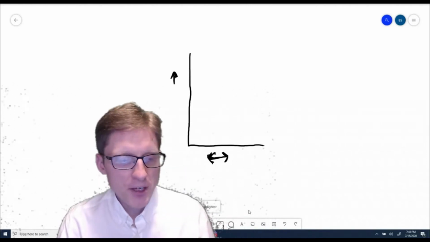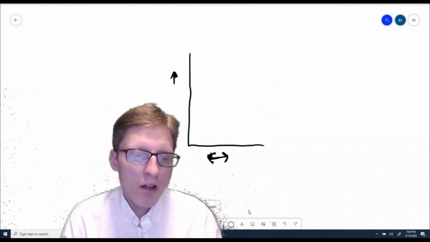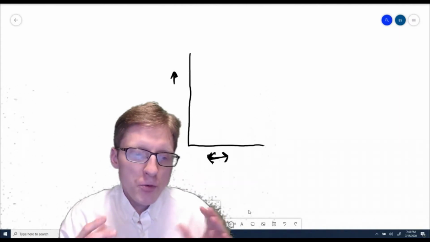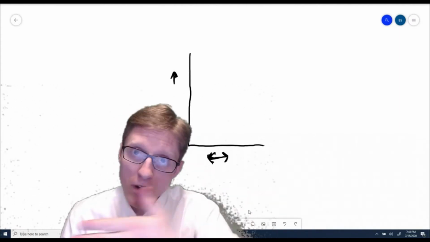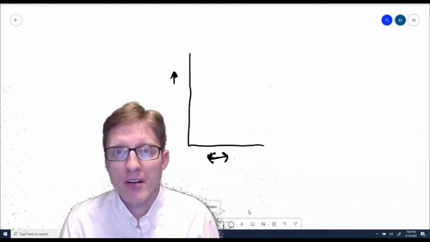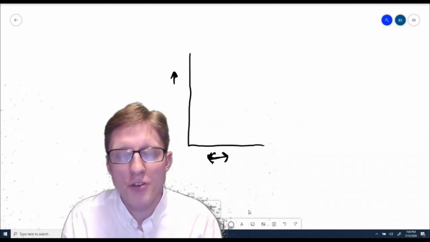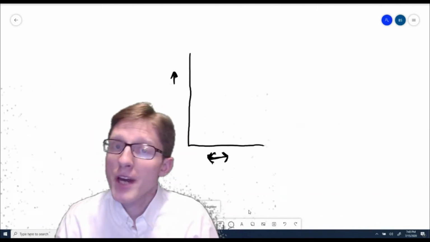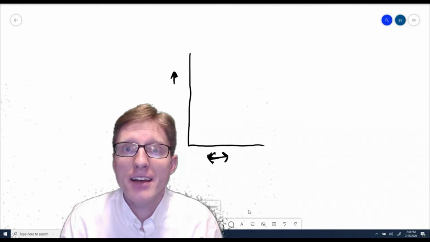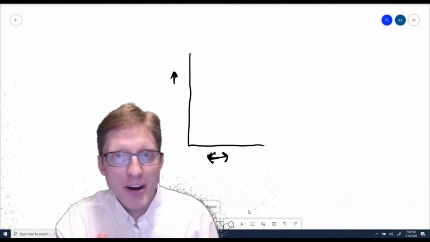Now let's think about what that means using calculus. To get the slope along one of the dimensions, we're going to use the partial derivative. That basically means if you're moving just along one of the dimensions, what is the slope? The way you calculate the partial derivative is you take the derivative with respect to the variable that you're looking at.